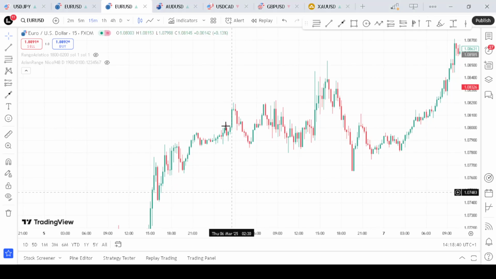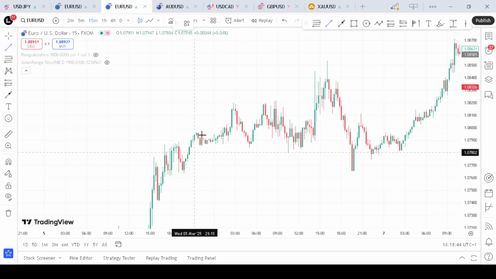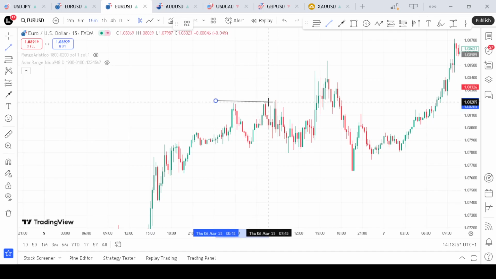So marking out my Asian range from this area, remember my Asian range would be from 12 midnight to 5:45 in the morning.